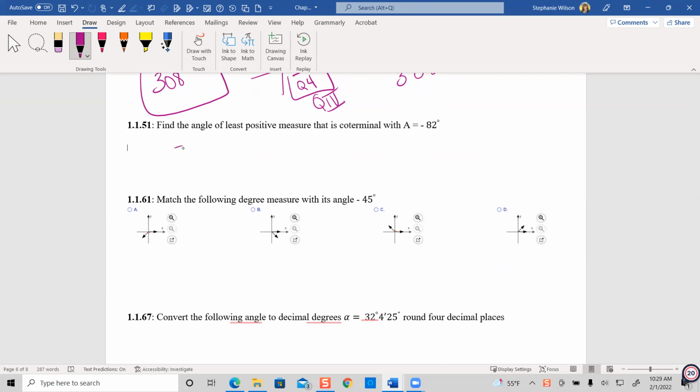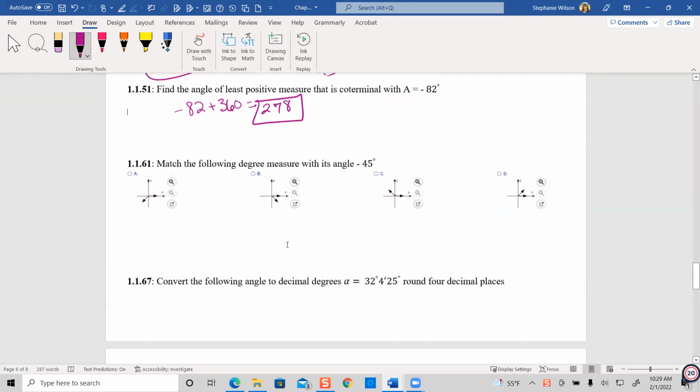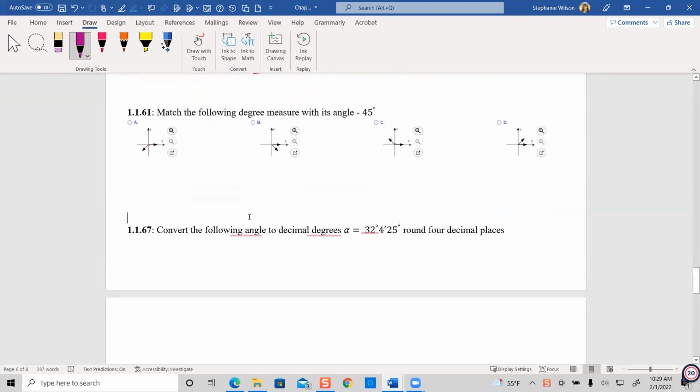So what I'm going to do is take that 82 and find its difference, which gives me 278. So that gives me one of them, right? We can keep plugging it in our formula to find the other ones and so on. So that one's pretty straightforward. Let's look at the next one.